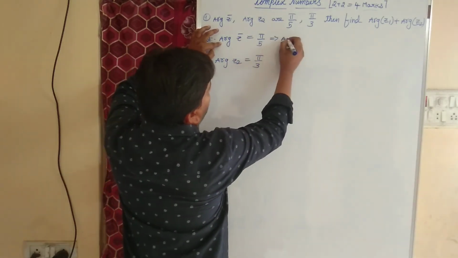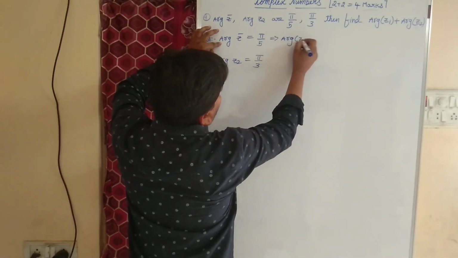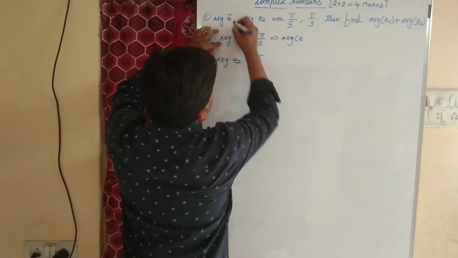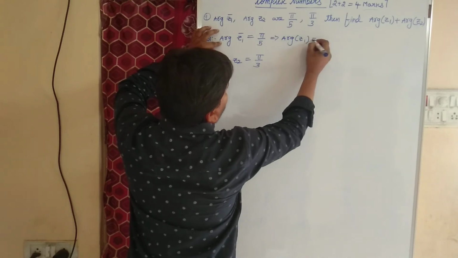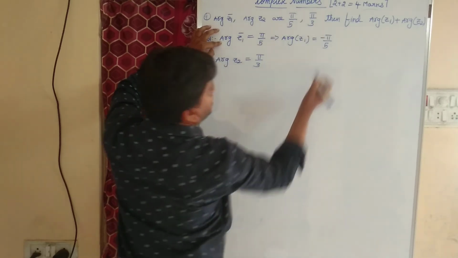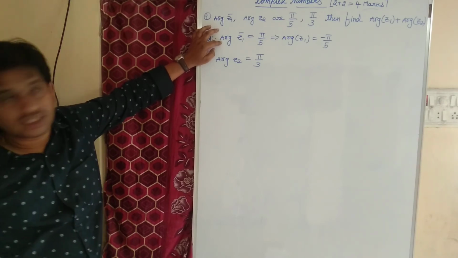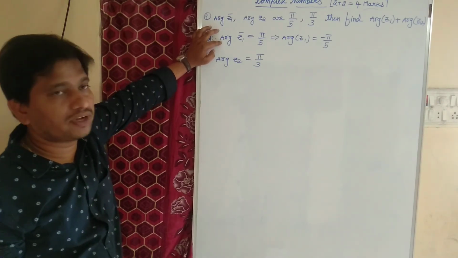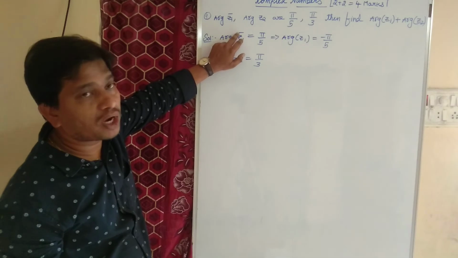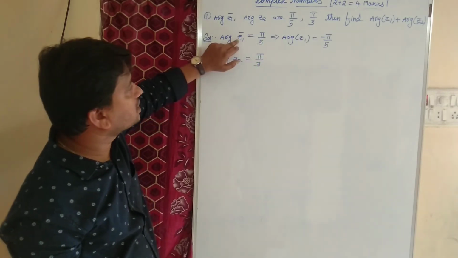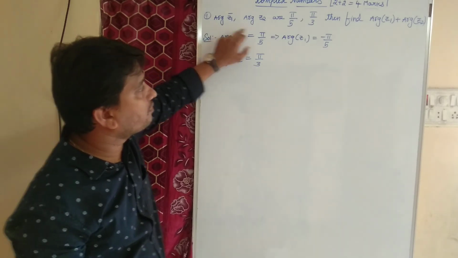This implies arg of z1 equal to minus pi by 5, children. Right? Arg of z1 only. Here it is bar, children. Z1 bar equal to pi by 5. This is z1 bar, but we want z1.